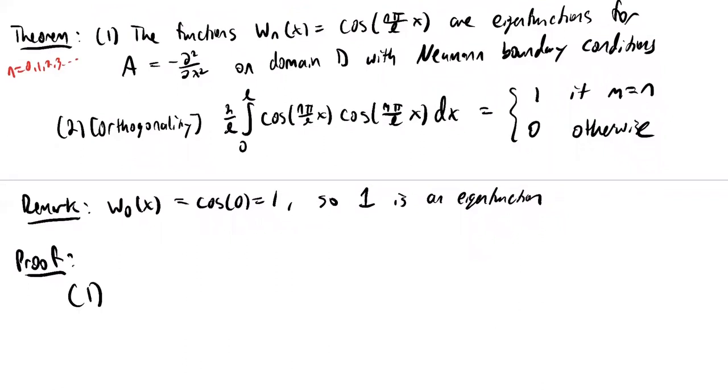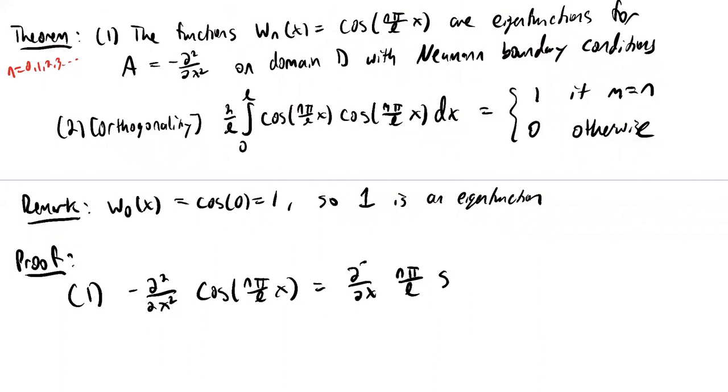The first thing to check, which is easy, is that if I take minus the second derivative with respect to x of cosine n pi over L times x, well, the derivative of cosine is negative sine, and then the negative signs will cancel, so I get d/dx of n pi over L sine of n pi over L x, using the chain rule.